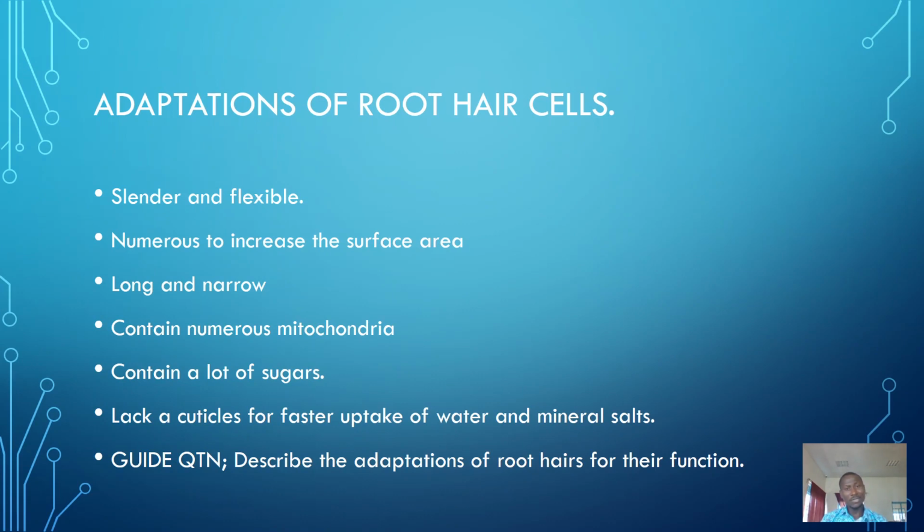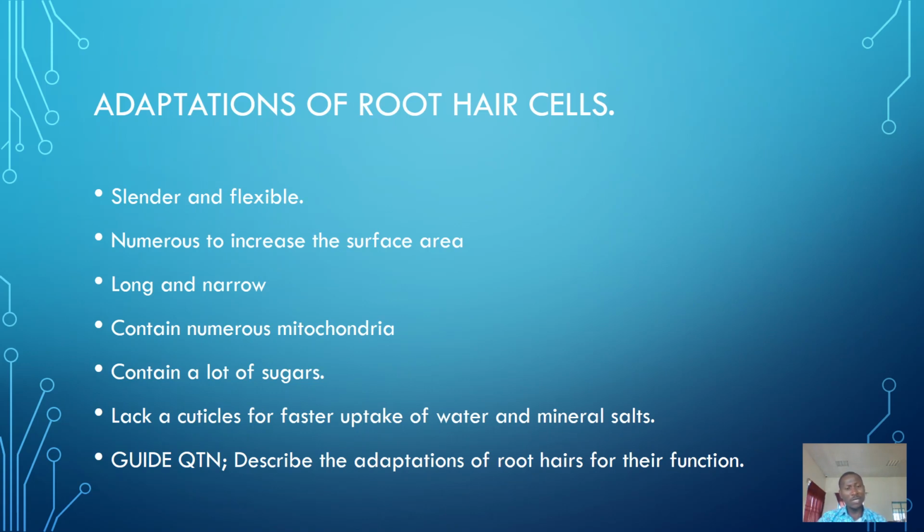One, root hair cells are slender, in other words thin and flexible, to provide a short diffusion distance, a short distance over which materials are absorbed. Then very many or numerous, to increase the surface area for absorption of water. Long and narrow still, to provide a large surface area for absorption of water.